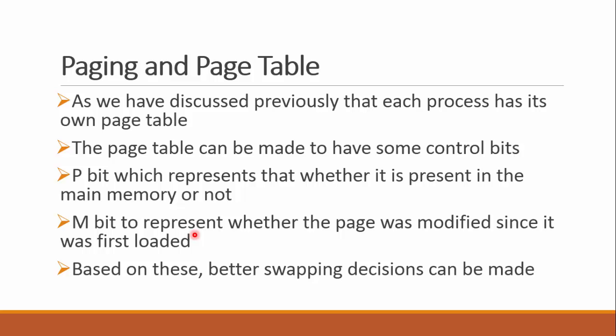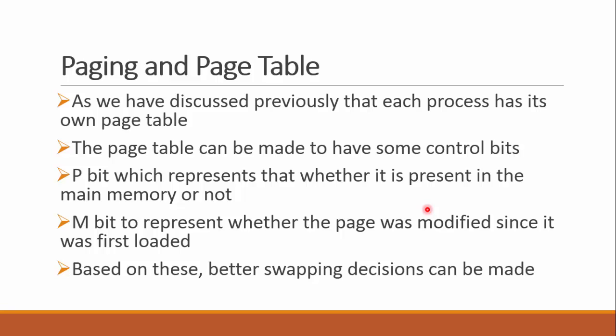We discussed paging before, how paging is done: the processes are divided into fixed size blocks known as pages, and the memory is also divided into fixed size blocks known as frames.